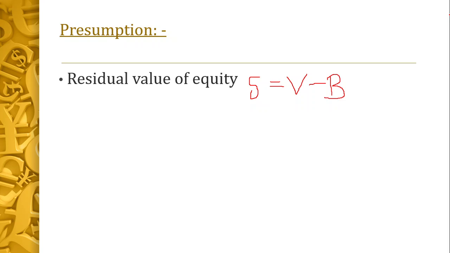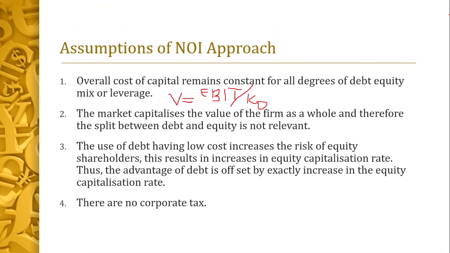Here, under the NOI approach, to know the market value of equity shares, you have to deduct the total value of debt from the total value of the firm. So, how will you find out the total value of the firm? You have EBIT, you will have K0. So, you know two formulas which you will have to use in the problem.